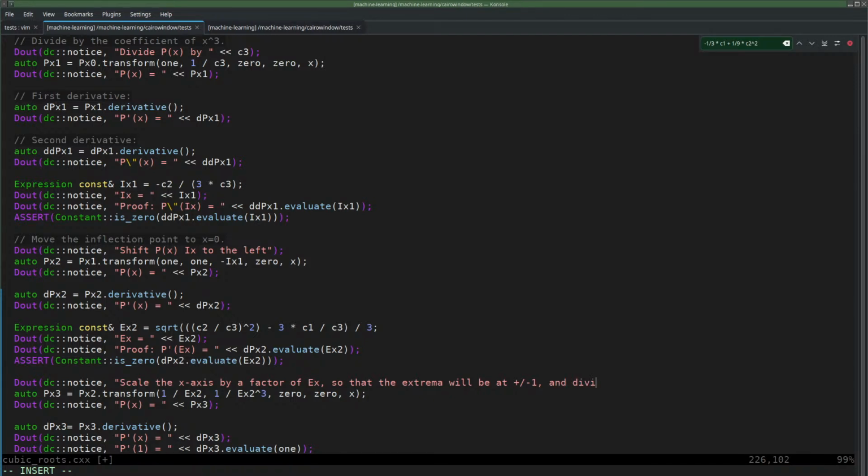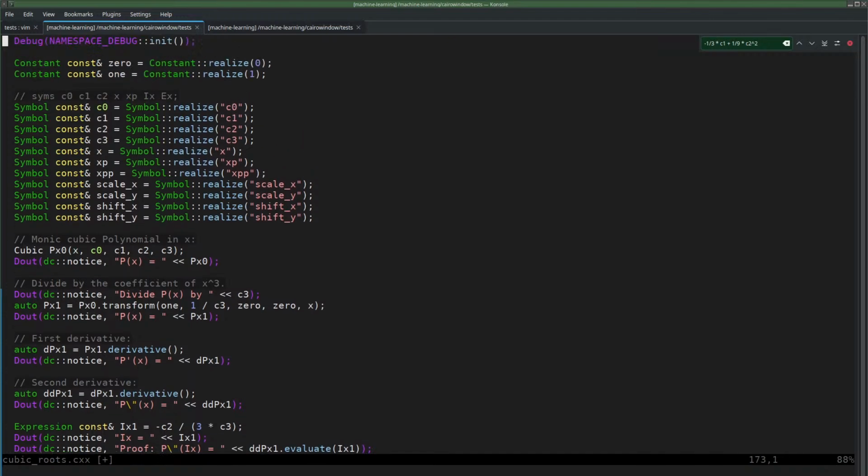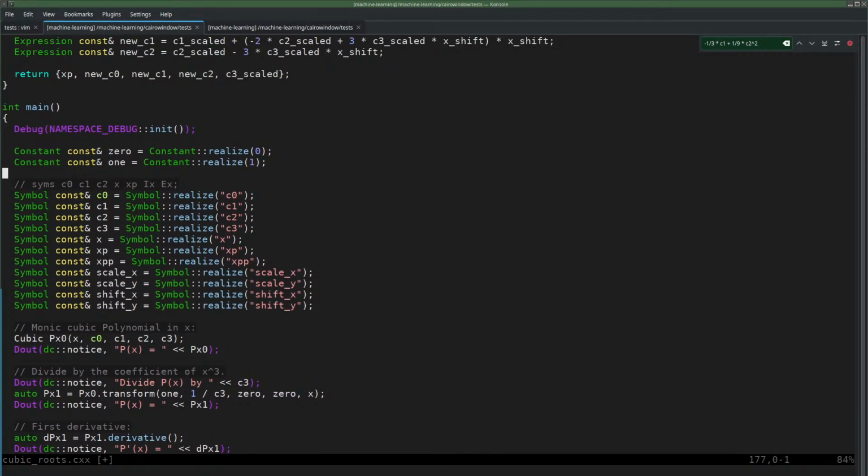And divide the polynomial by ex to the power 3 to keep it a monic. Monic, or what is it? Monic, is it?